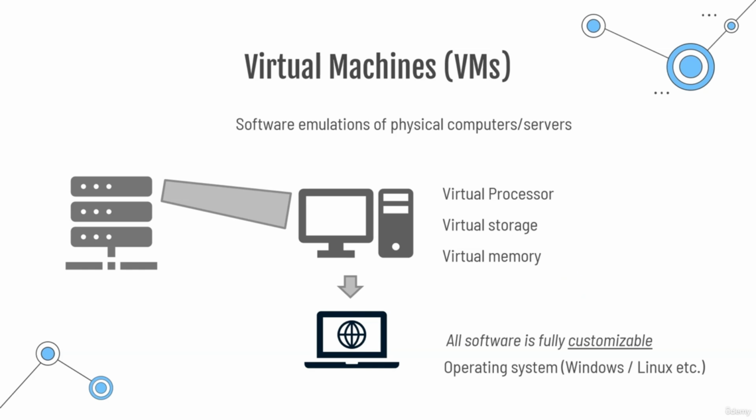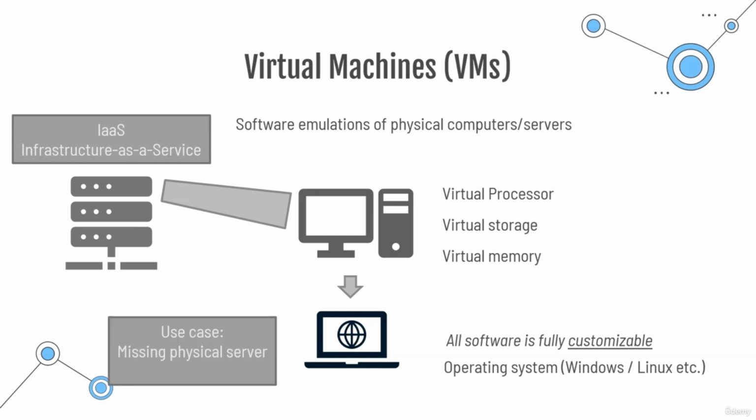So whether we want to install Windows or any other operating system, we can do this. Of course, we also have the responsibility that comes along with this. And this is also the most typical example for infrastructure as a service. A virtual machine is infrastructure as a service.